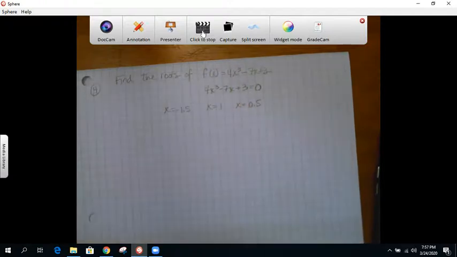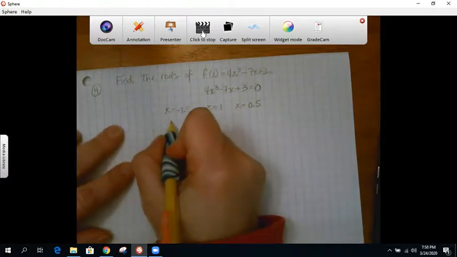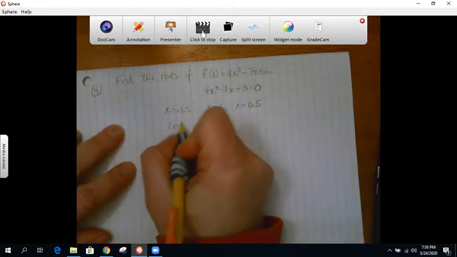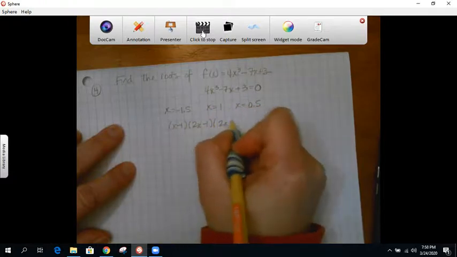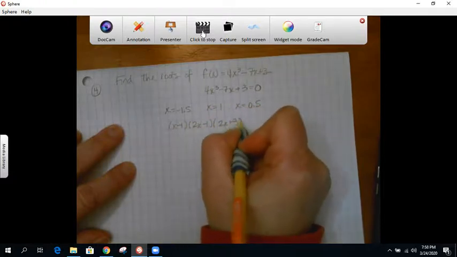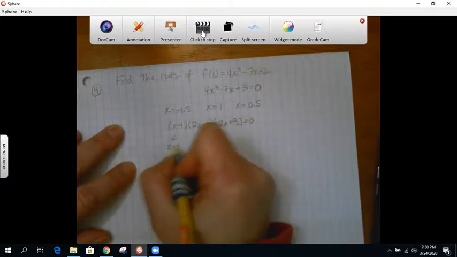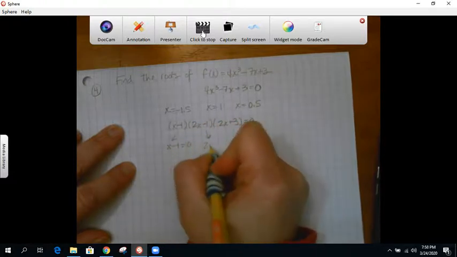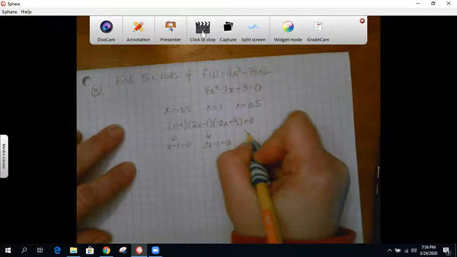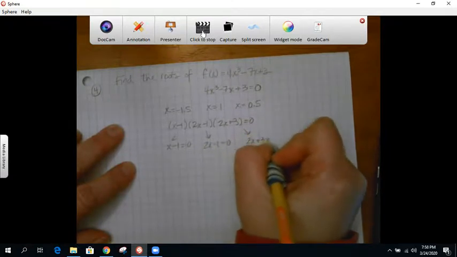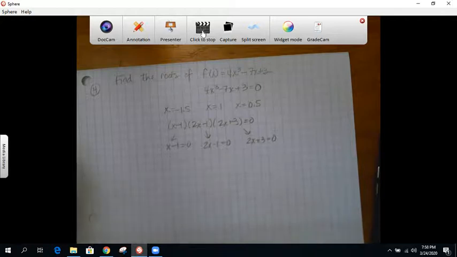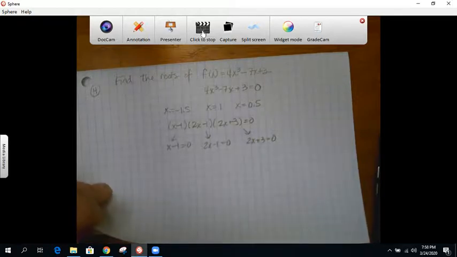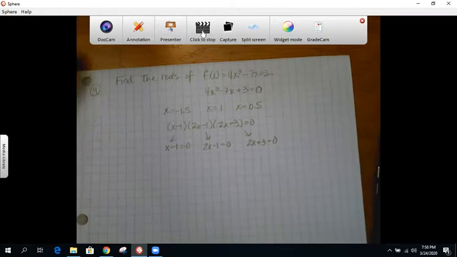So if it's one that works out that way, you can just put it in your calculator, or if you had factored it, it factored into x minus 1, 2x minus 1, and 2x plus 3, and then you could set each of these equal to 0 and get the same answers that way. Go ahead. That works. Just so you know, they're not all going to be that nice on the test, right? Some of them are going to be like the last one where you have to use the quadratic formula. All right, one more.